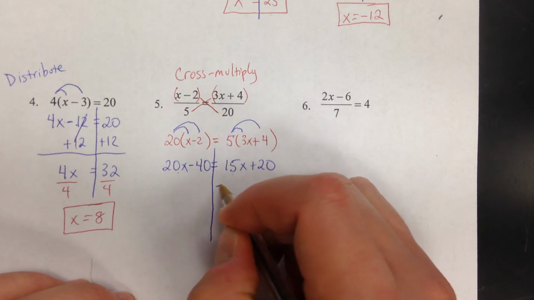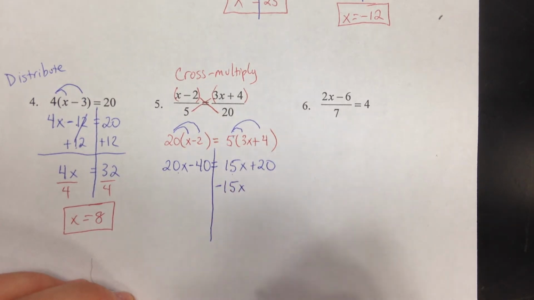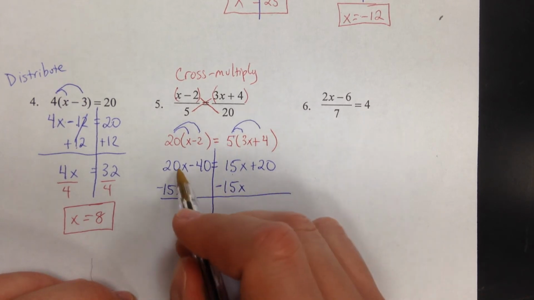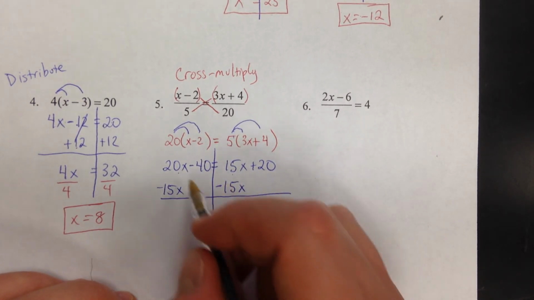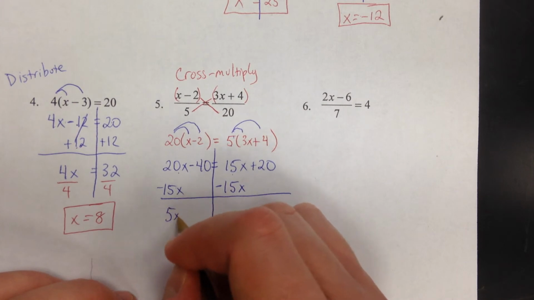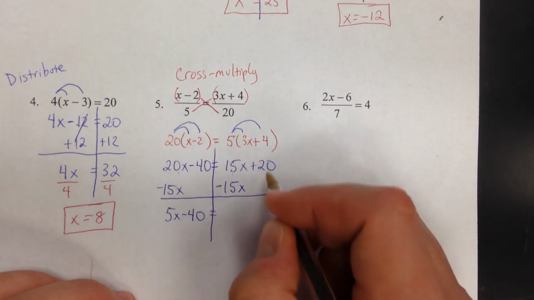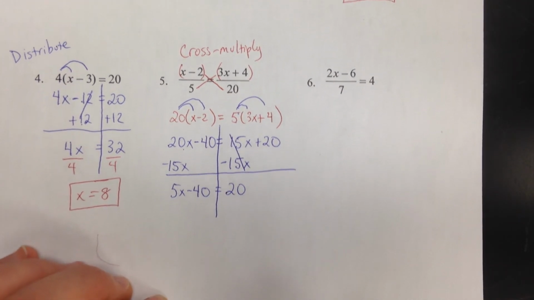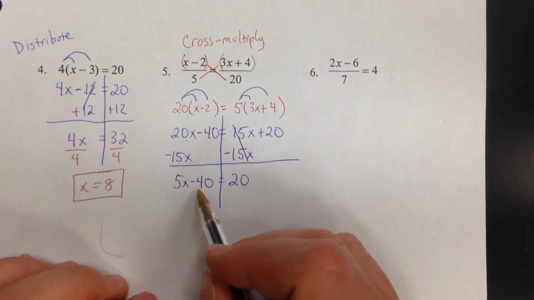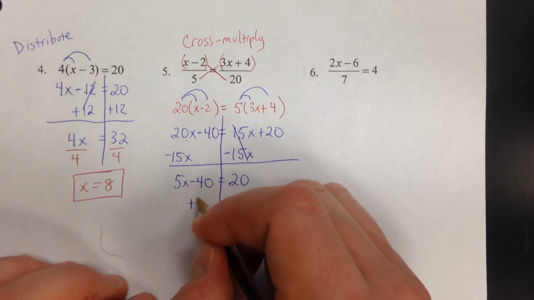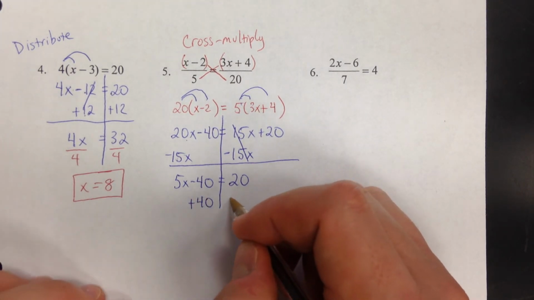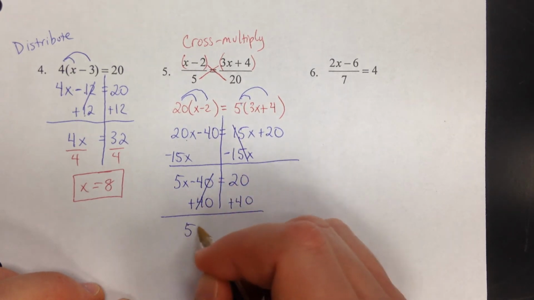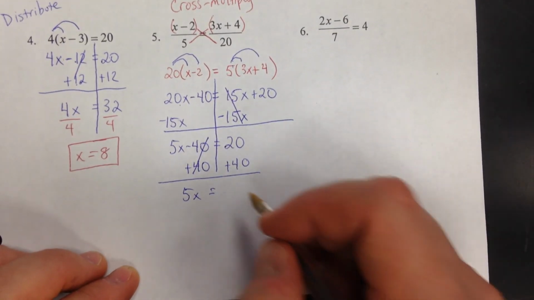That's a positive 15x, so to undo that, I'm going to subtract it, minus 15x. Again I line up my x's, and this will be 5x minus 40 equals 20. Now let's move the constant, which is negative 40. To undo that, let's go plus 40, and we get 5x equals 60.